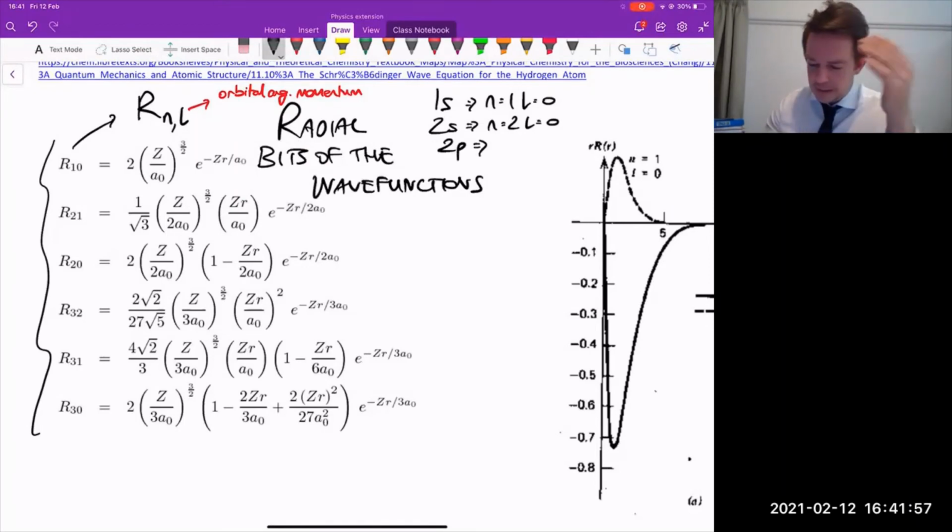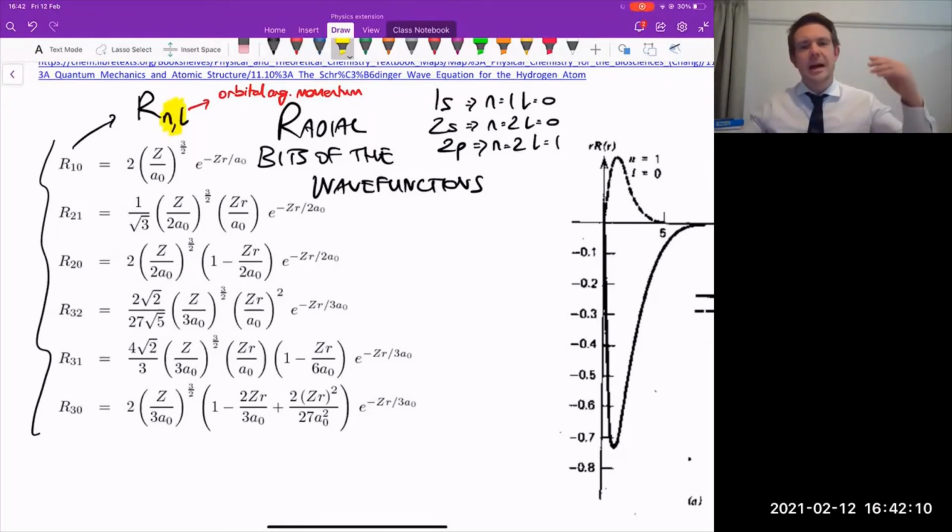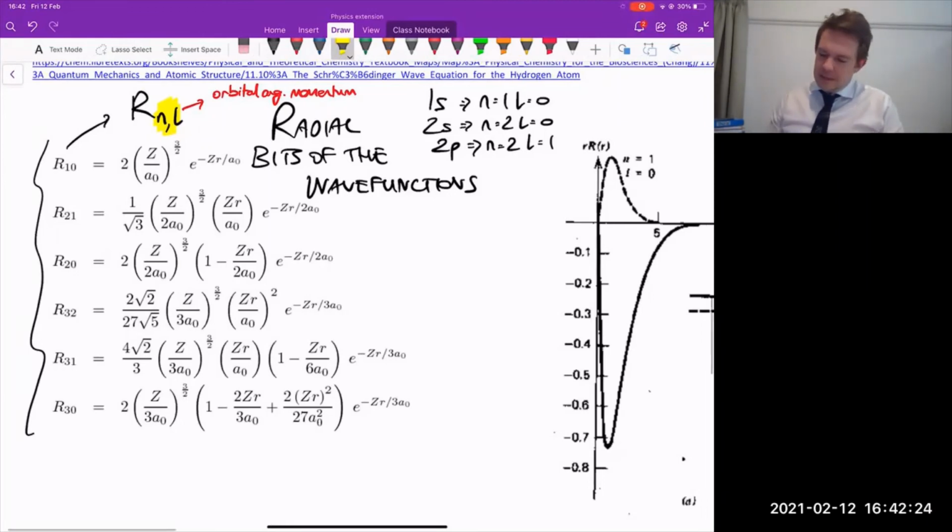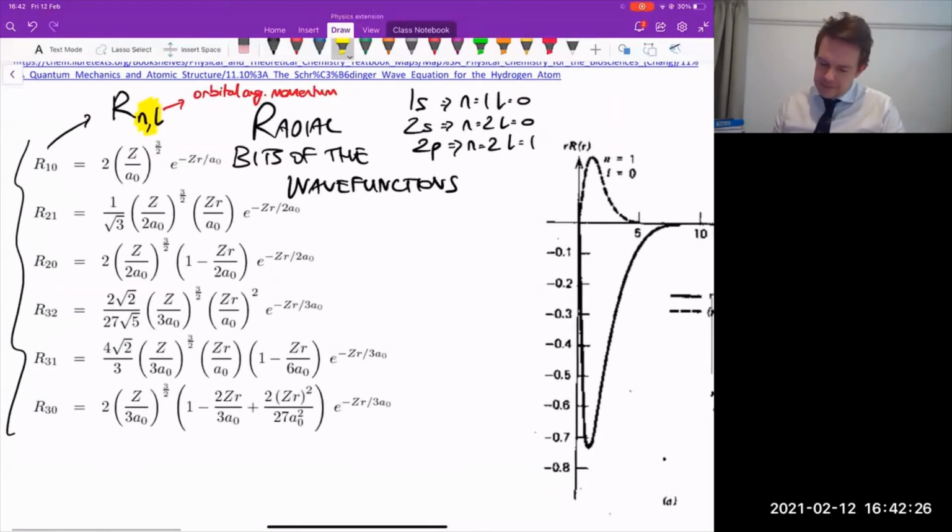The 2p orbital is n equals 2, L equals 1. So the n and the L here give us our 2s, 2p, 3s, 3p, 3d levels. Okay, so s is L equals 0, p is L equals 1, d is L equals 2, f is L equals 3.